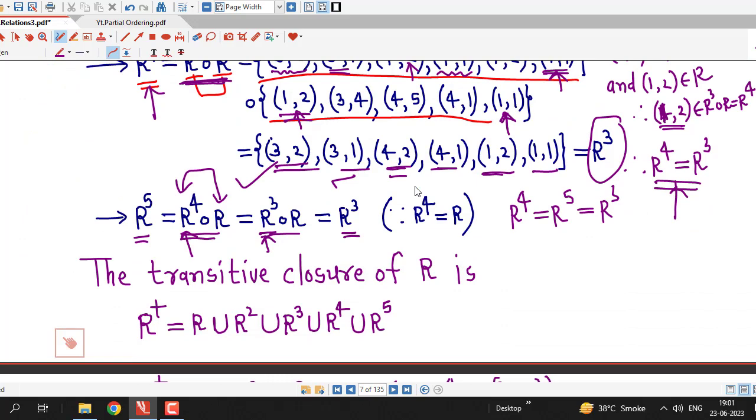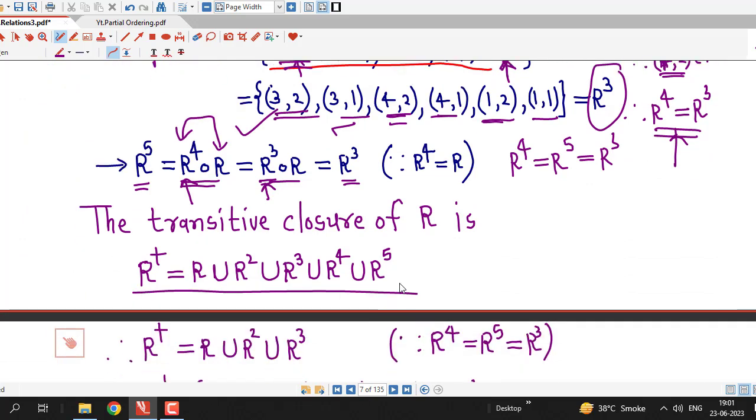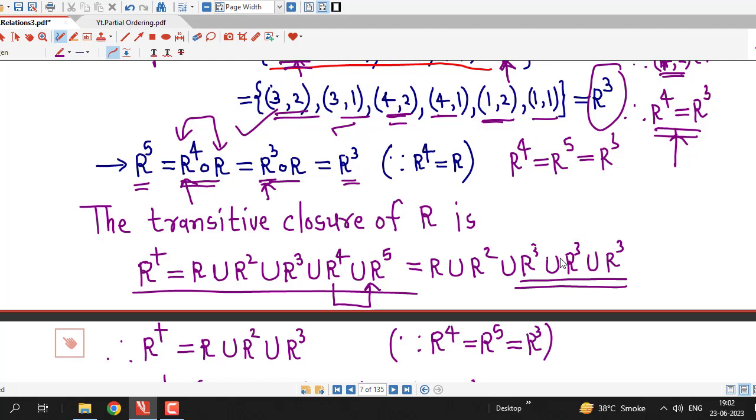Now the transitive closure of R is given by the union of powers of R up to fifth order, and we can see these two are equal to R3. So I can write here one more step. This is the union of R, R2, R3, and R4 is also R3 and R5 is also R3. So this union is the union of R3 with itself. So this is nothing but R3. So that I have written here.